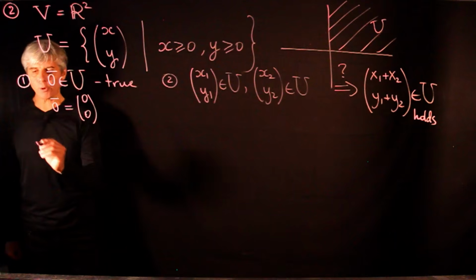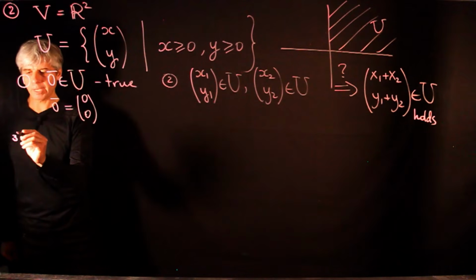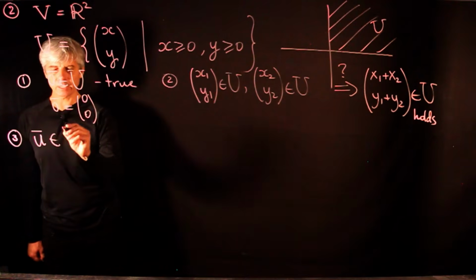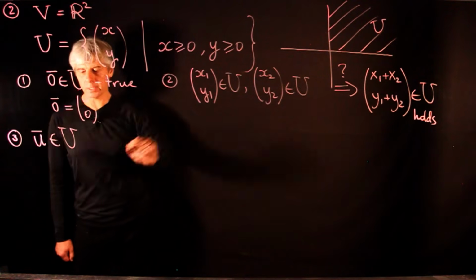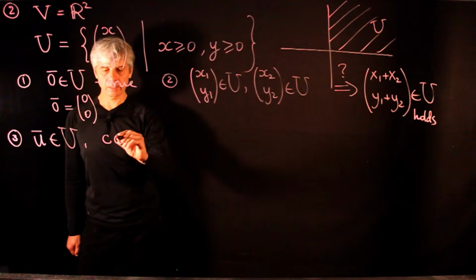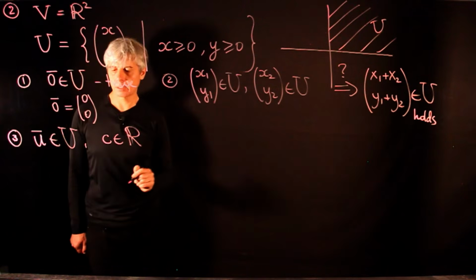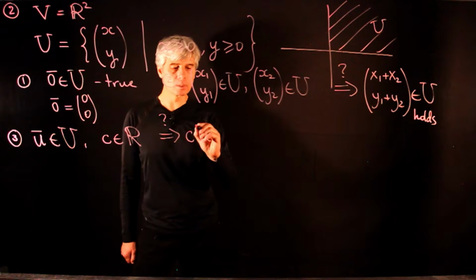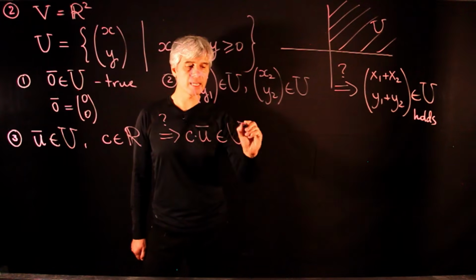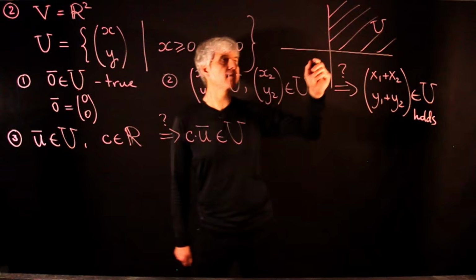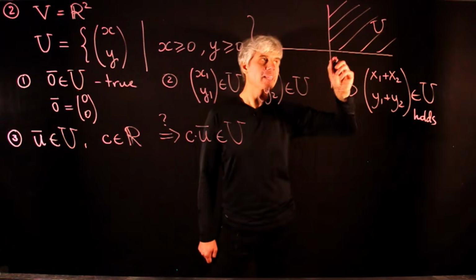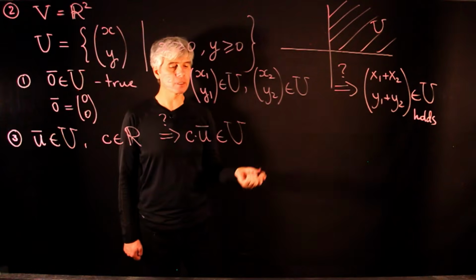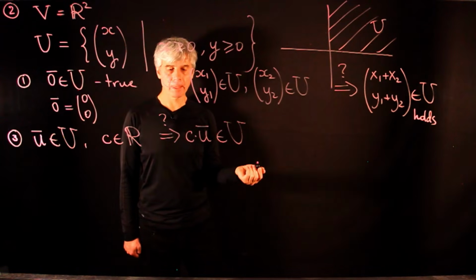Now, how about the third property of a subspace? If we have U, a vector in the subset, in this first quadrant, and C is a real number, is it true that C times U belongs to this subset? So if we take a vector in this quadrant and rescale it, is it true that the resulting vector is still in the same quadrant?